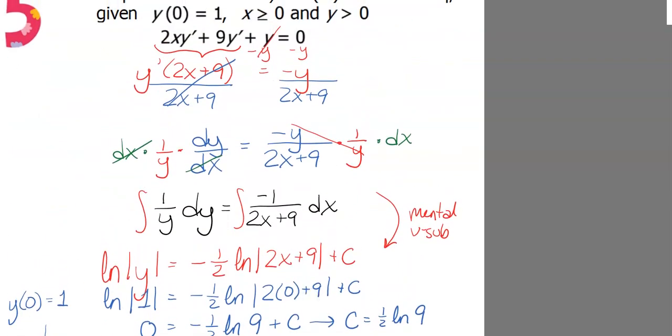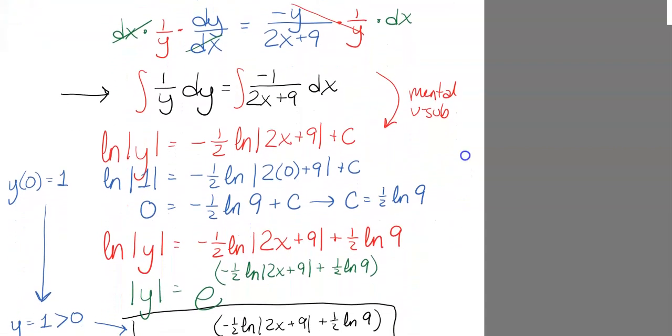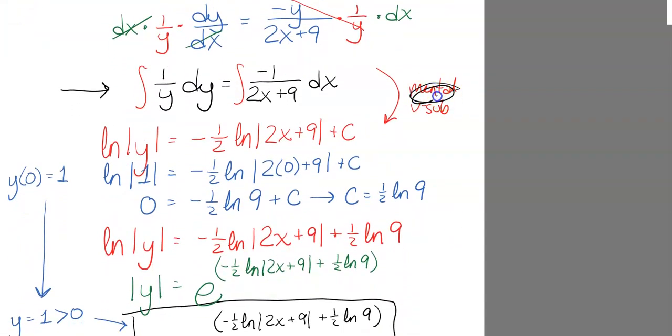Okay. So where we ended just a moment ago, I had what was here in black. I took the integral of both sides, which involves some mental use substitution because of that 2x plus 9. Natural log showed up on both sides. My initial condition helped me find a particular value of c.